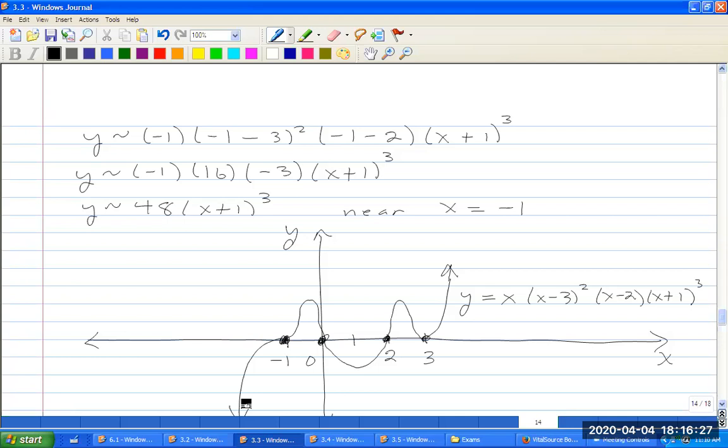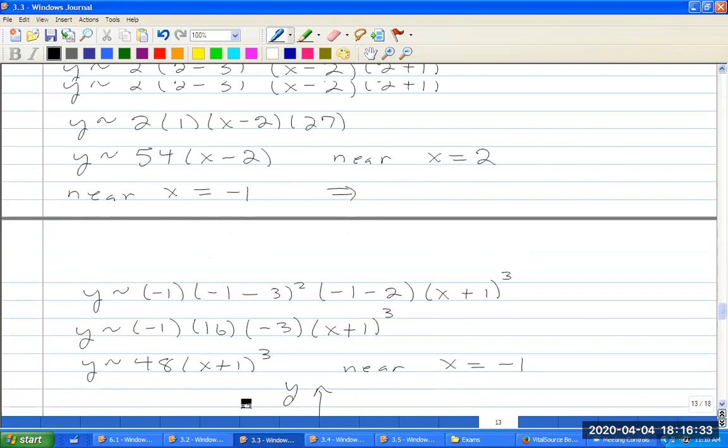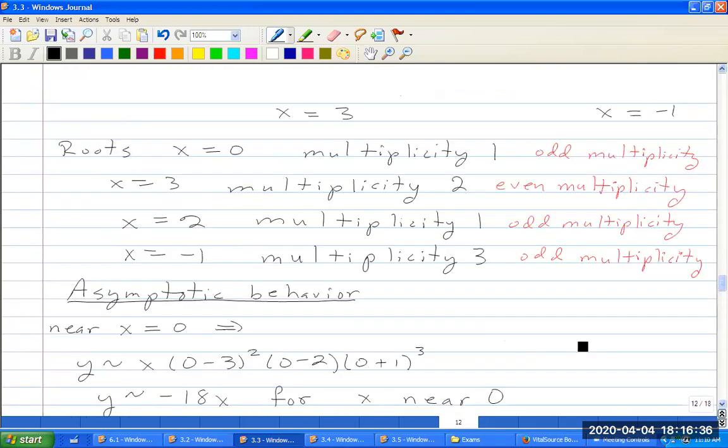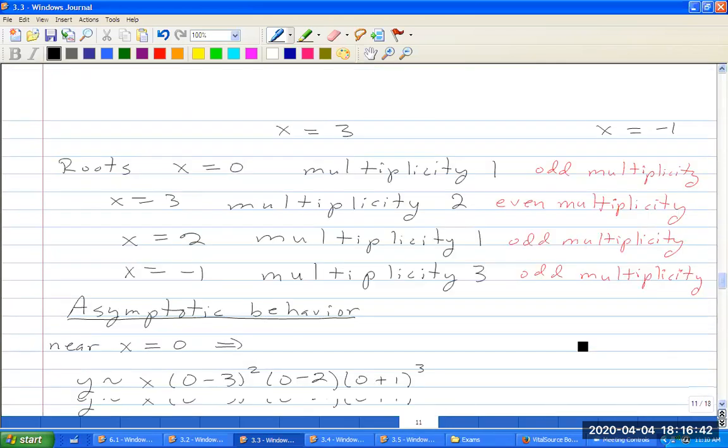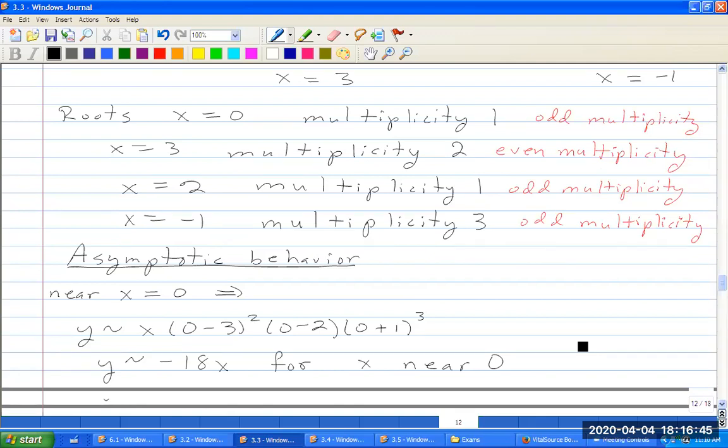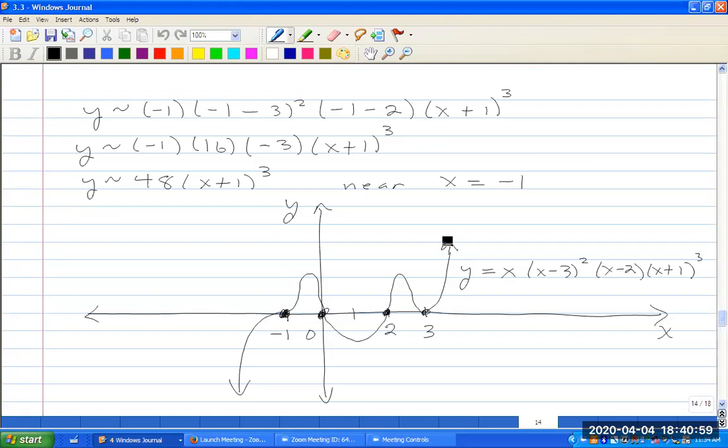Now I can correct it, because if I look at the multiplicity, the multiplicity of -1 is 3, meaning it looks like a cubic, whereas these look like a linear equation. So what I would say is, okay, it's odd, and the leading order coefficient is positive, so we go up into the first and fourth quadrants. The root at 3 has multiplicity 2, so it bounces and looks quadratic.